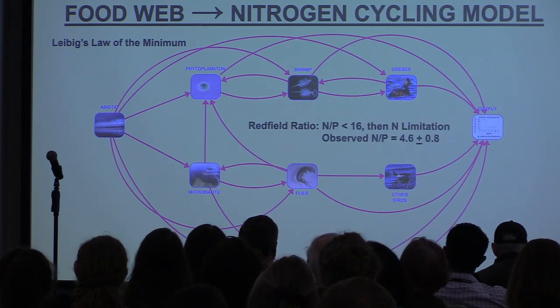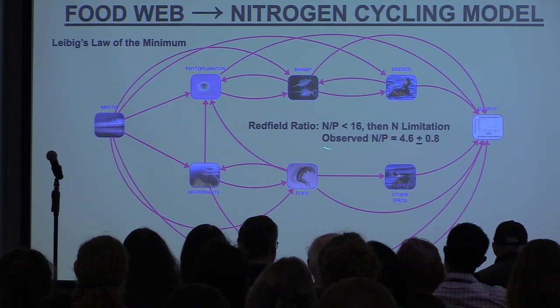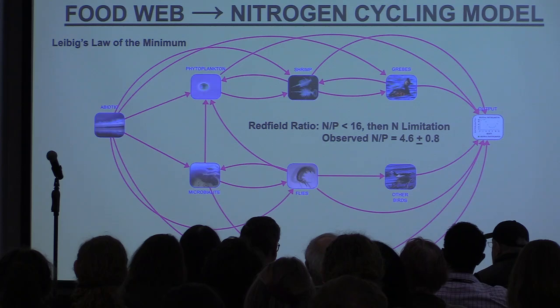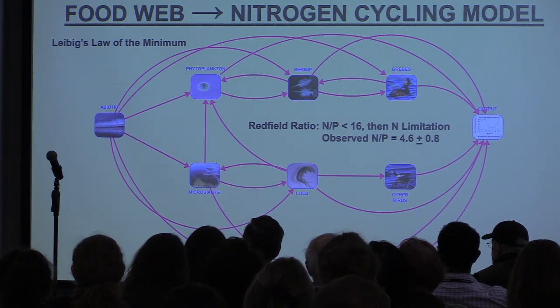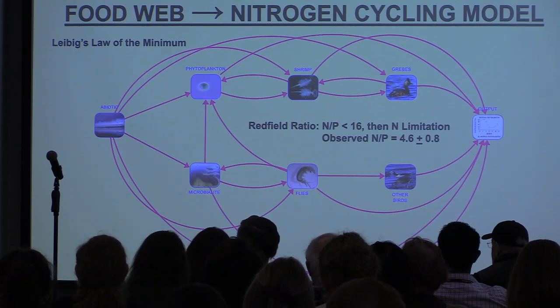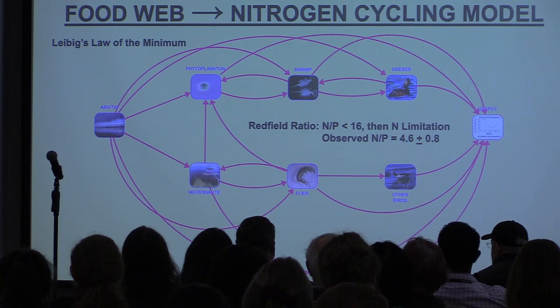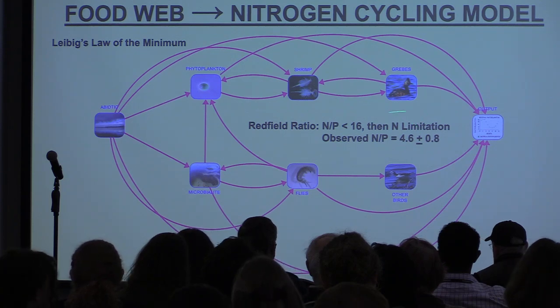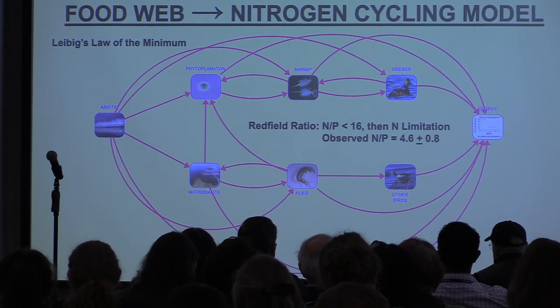And if we look in aquatic systems, this is carried over to the idea of the Redfield ratio, which is the nitrogen to phosphorus ratio. And if that ratio is less than 16, nitrogen is the limiting resource to the production in the aquatic system rather than phosphorus. And given the number of measurements we have of inorganic nitrogen and phosphorus in the lake, we get an average value of about 4.6, indicating nitrogen limitation.